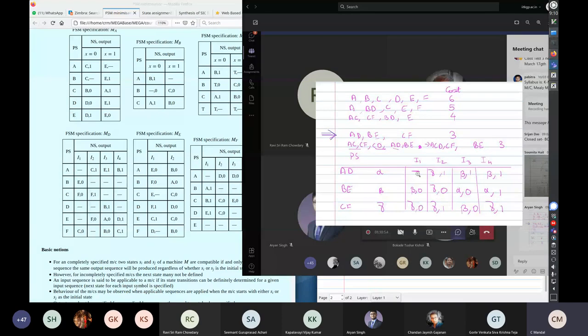If you make the output 1, then all the outputs in this row would be 1. So that's a don't care. Whenever the state is alpha, the output is 1, irrespective of the input, so it becomes a don't care on the inputs. So you would definitely like to specify the output as 1.